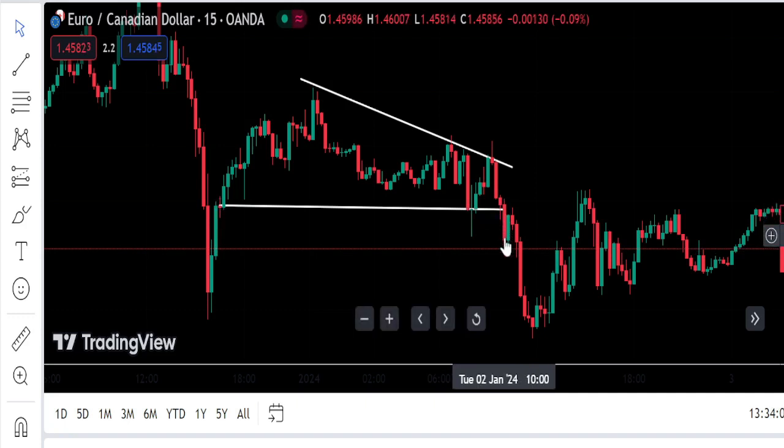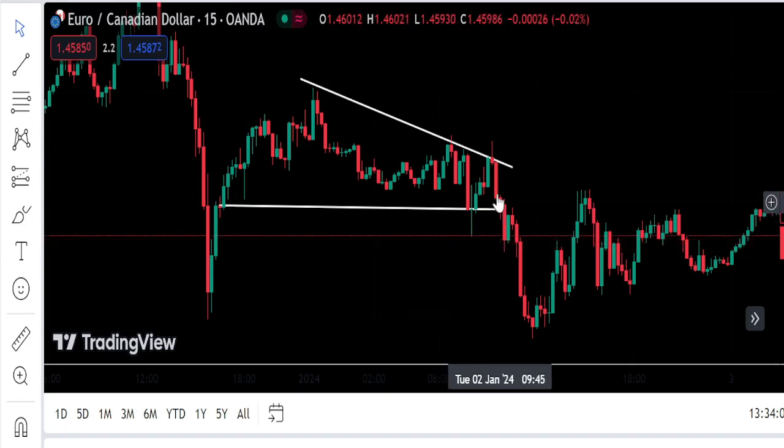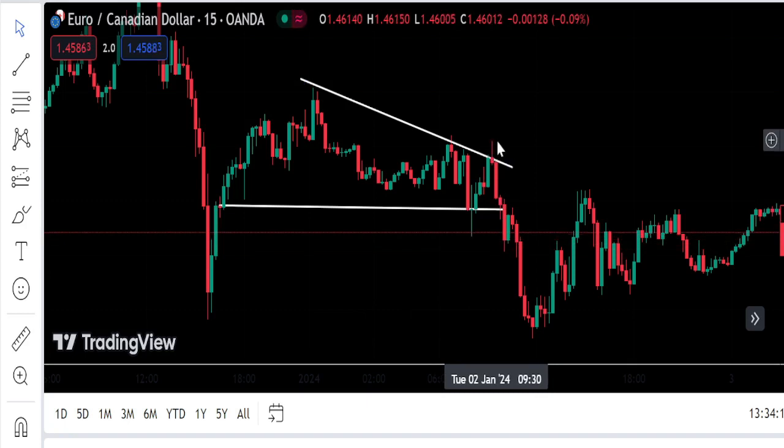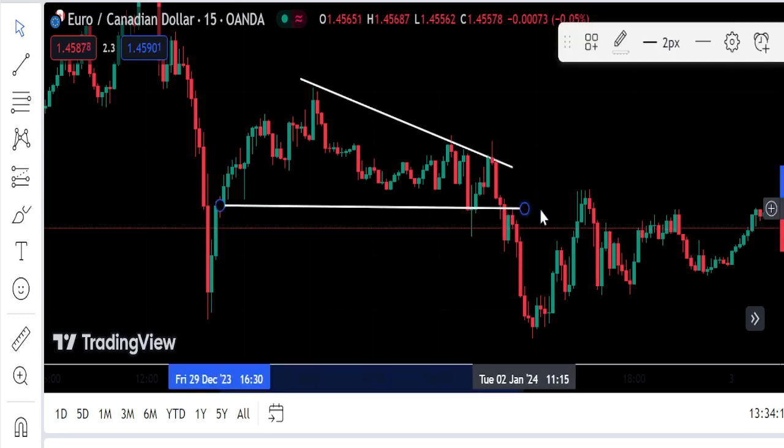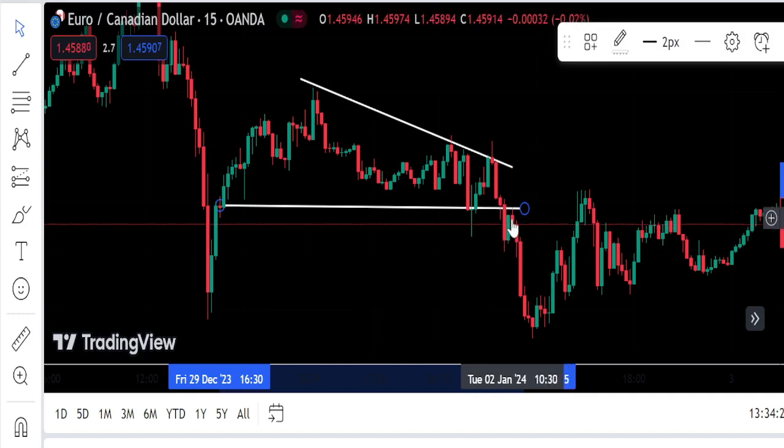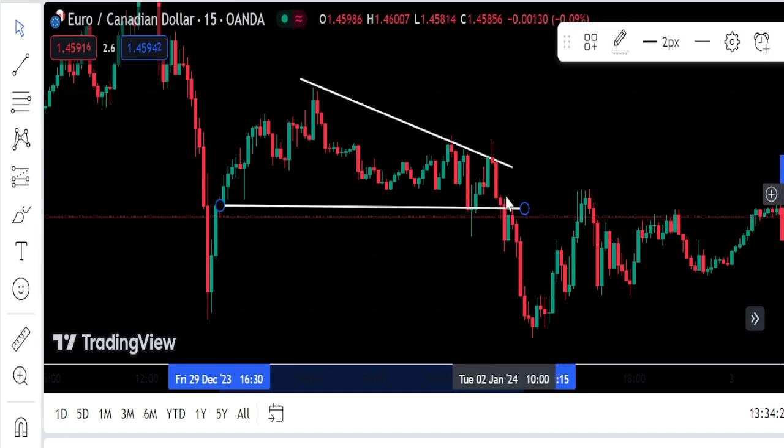So you could enter this trade on this bearish candle here. So our stop loss will be 1, 2, 3, this candle, and 5 cents. If we enter this trade on the retracement, let's see on this doji candle here that touches this line, then our stop loss will be 1, 2, 3, will be here.